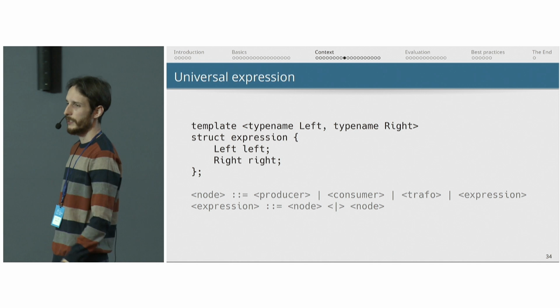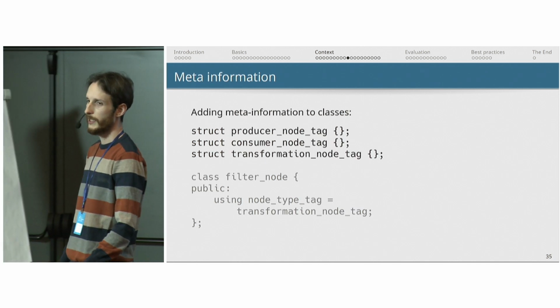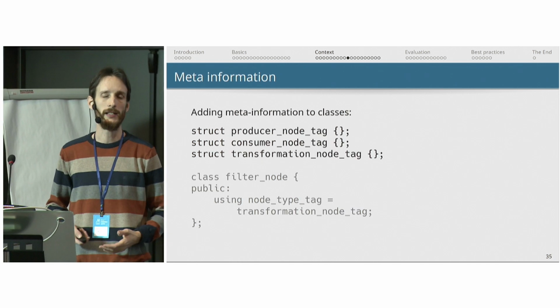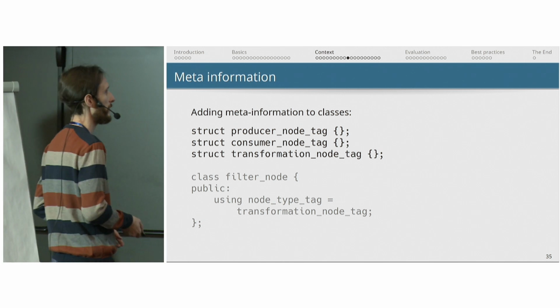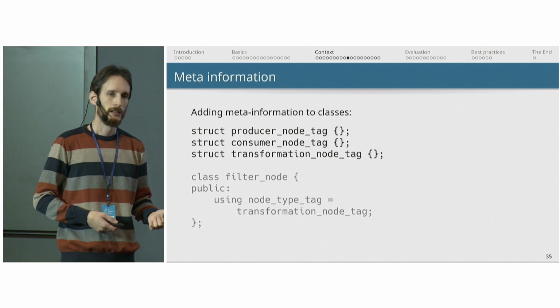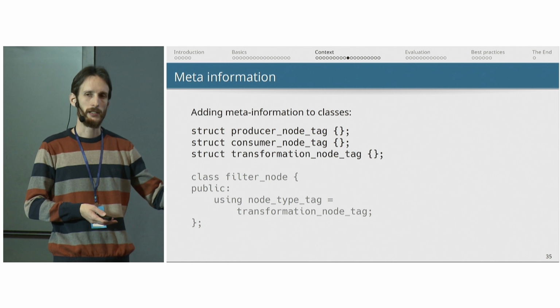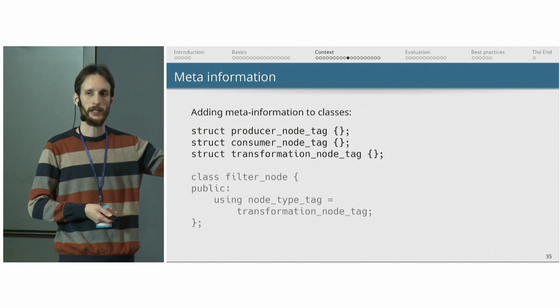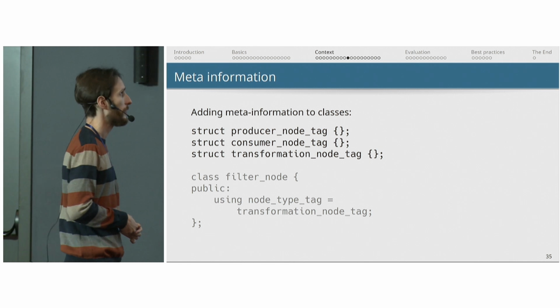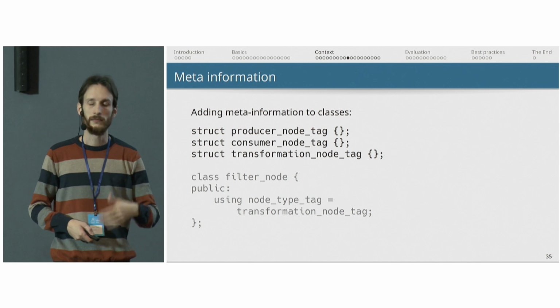For these things to work, usually you would declare something like a meta tag, meta information for your class. You can create a couple of structs. Just don't look at them as structs. This is now template metaprogramming. Look at them like values of some kind. And for each of your classes, you just say, okay, a filtering is a transformation.